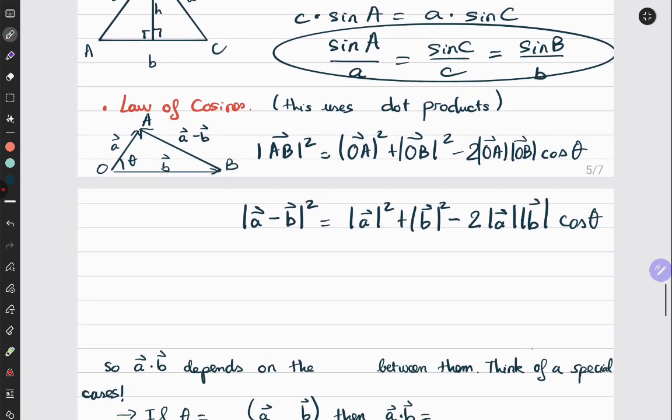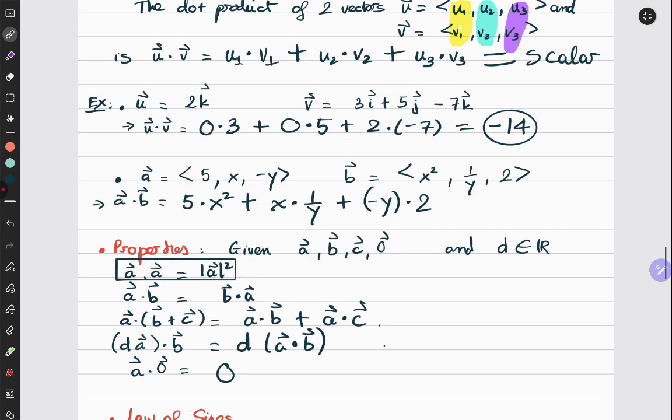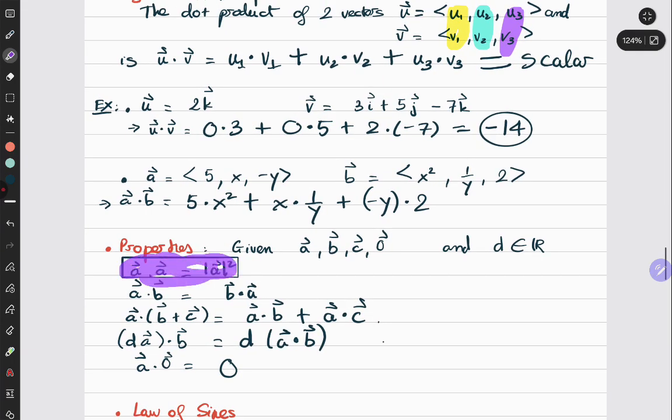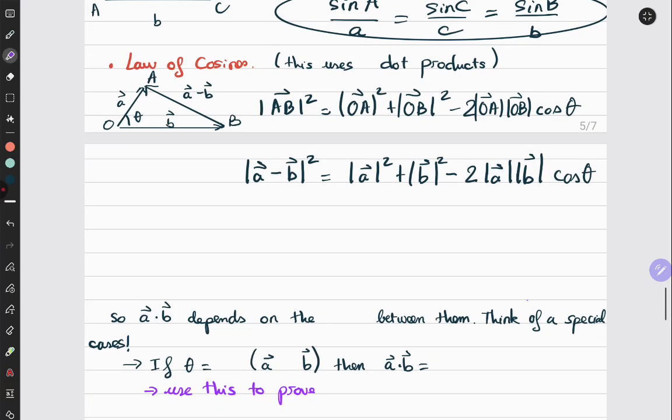That is the length of the vector. Remember this one, the one in the box right here? I have the right hand side right now, so I'm going to write the left hand side for all of them.